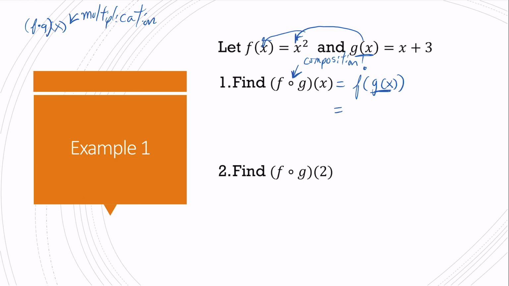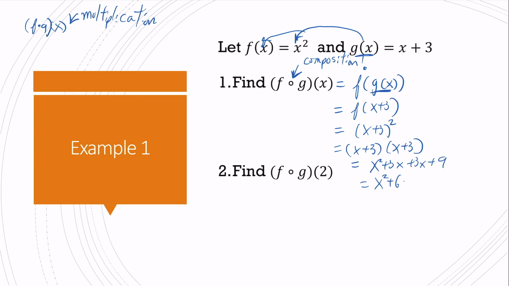So now, instead of having f of x, I'm going to have f of x plus 3. Well, f of x is x squared, so now I have x plus 3 squared, which I need to rewrite as two binomials. And then I can FOIL to get x squared plus 6x plus 9.